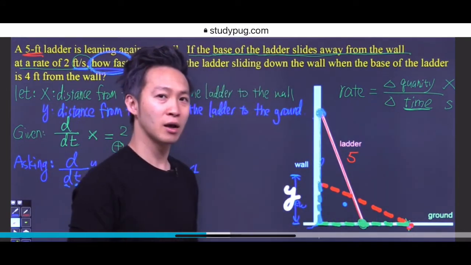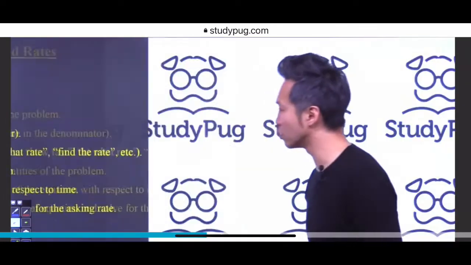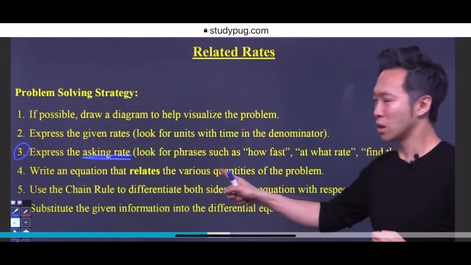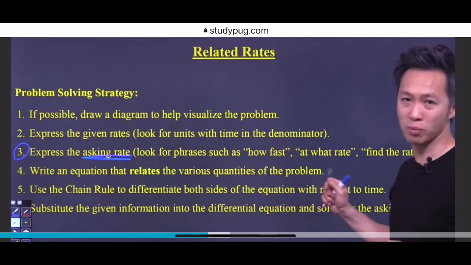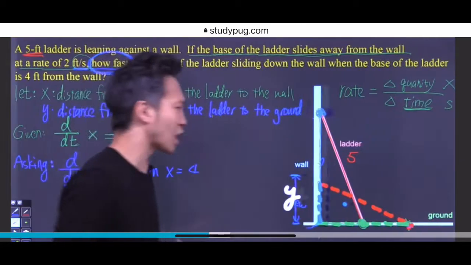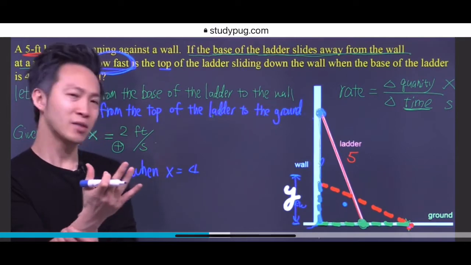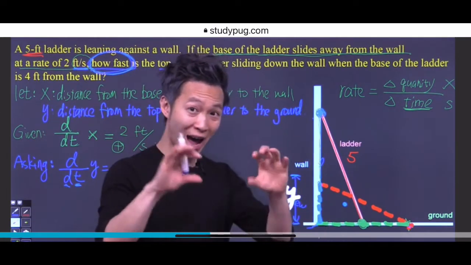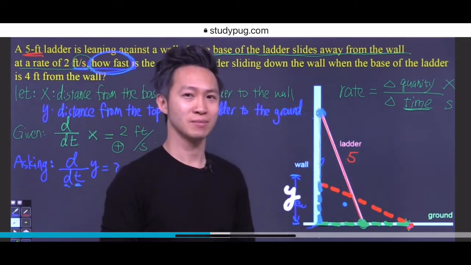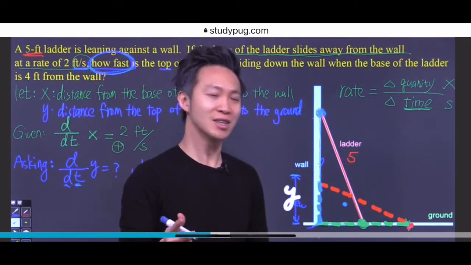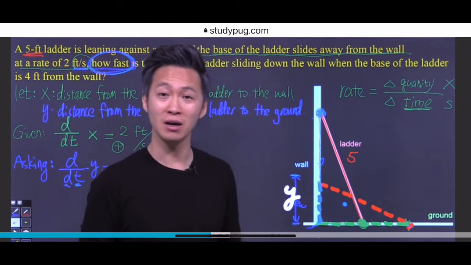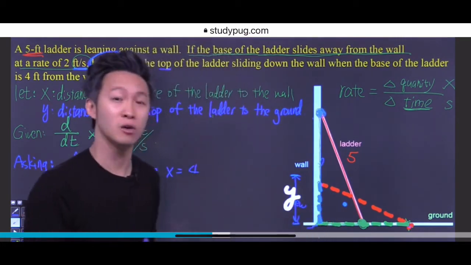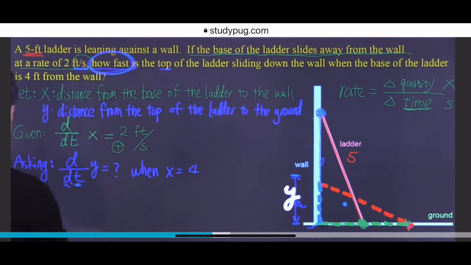So in step number 4, we have to come up with an equation that relates the various quantities of the problem. Can you come up with an equation that can somehow relate x and y in one equation? Obviously, that equation in this case is going to be the triangle equation, the Pythagorean theorem.